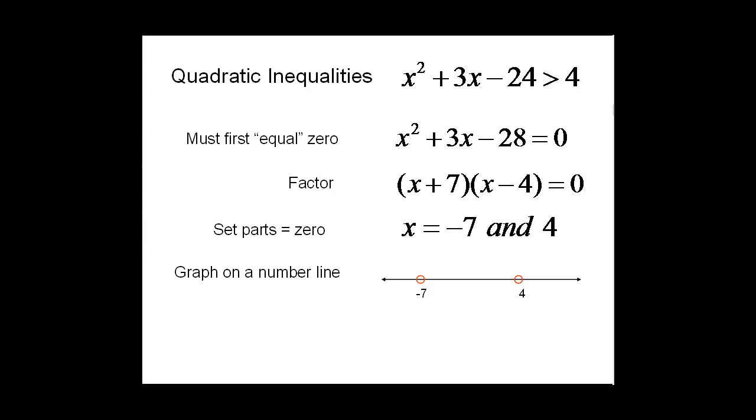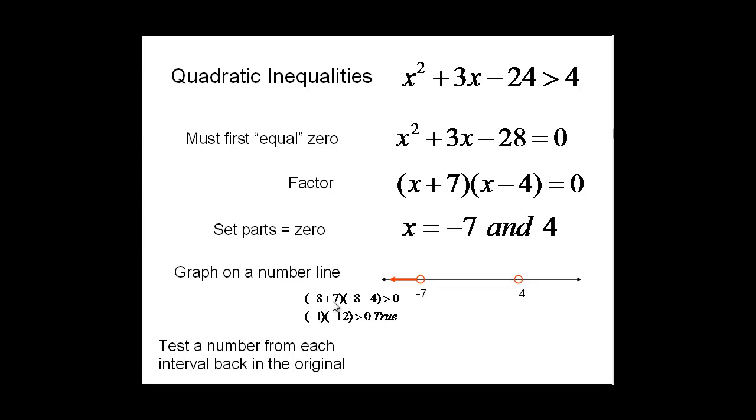Then we check the interval over here. We plug in negative 8 into the factored form and assume, again, this is back to our greater than. So negative 8 plus 7, negative 8 minus 4, greater than 0. This is negative 1 times negative 12. That would be positive, which is greater than 0, which is true, so I shaded it.